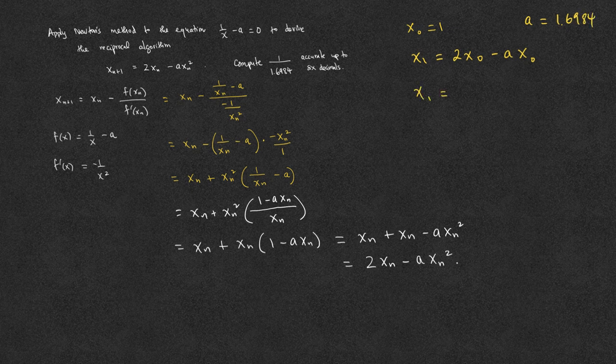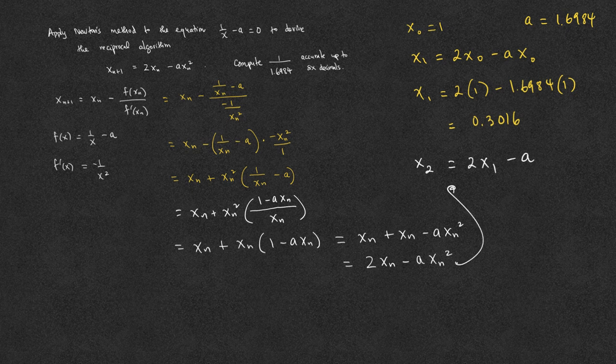X sub 1 is therefore 2 times 1 minus 1.6984 times 1, and this will be 0.3016. We then plug this into x sub 2. X sub 2 is 2x sub 1 minus a times x sub 1 squared.